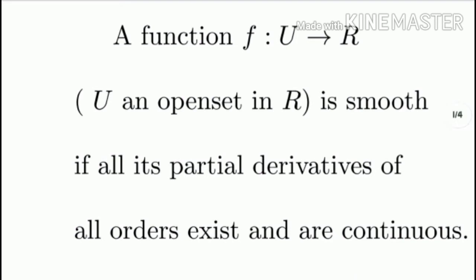Next, we are going to define a smooth vector field. Before that, a real valued function f from an open set U to R is smooth if all its partial derivatives of all orders exist and are continuous.